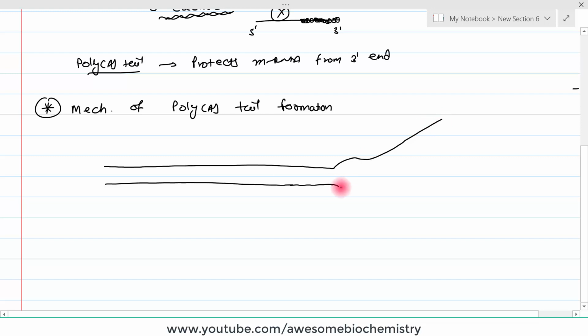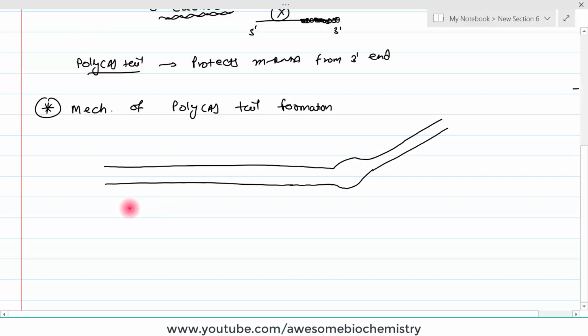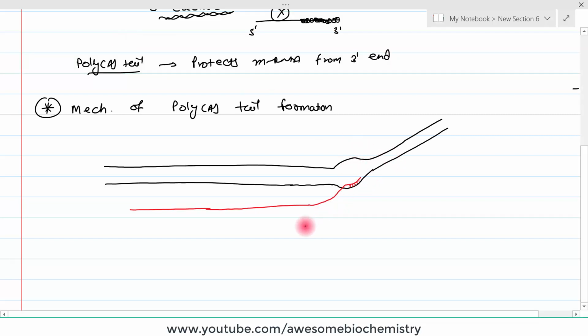Suppose this is the double stranded DNA which is undergoing active transcription. Let's show transcription here also. This is newly synthesized mRNA, which is still undergoing transcription at the other end. And this is the RNA polymerase enzyme, which is bound at the site of active transcription.